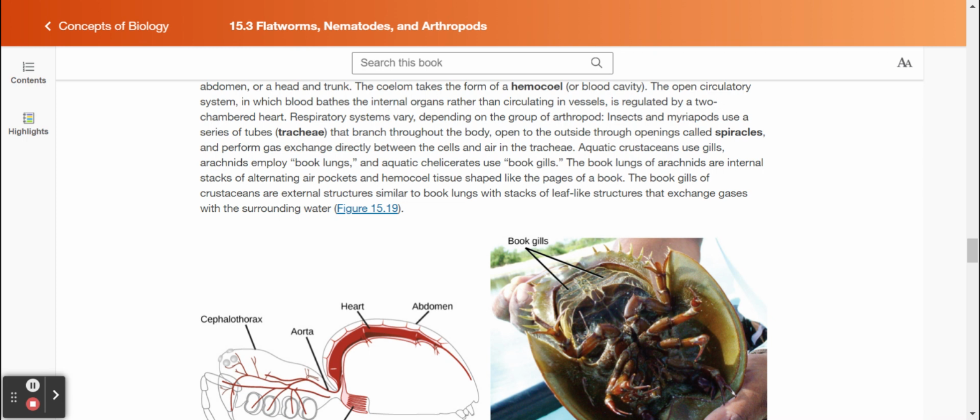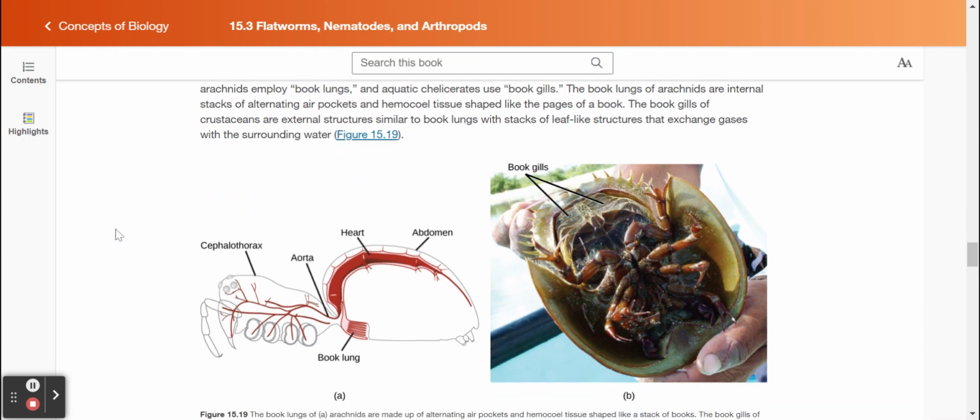Arachnids employ book lungs, and aquatic chelicerates use book gills. The book lungs of arachnids are internal stacks of alternating air pockets and hemocoel tissue shaped like the pages of a book. The book gills of crustaceans are external structures similar to book lungs with stacks of leaf-like structures that exchange gases with the surrounding water.